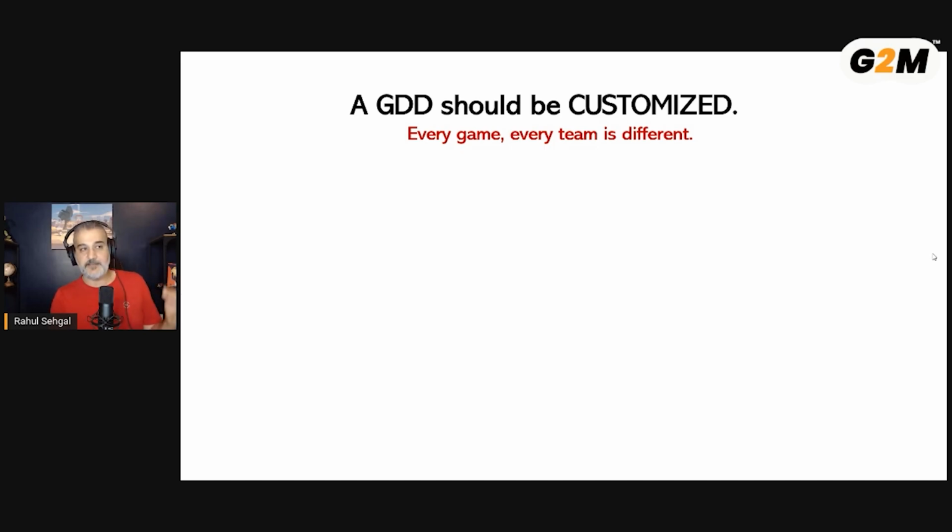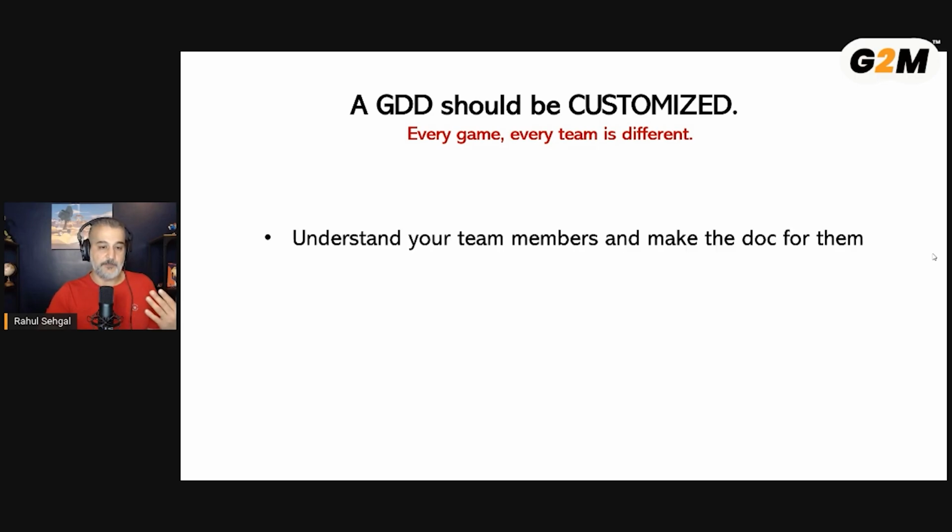They said, no templates, you have to make this from scratch, because if you have templates, it's possible you're going to miss stuff out. A game design document should be customized for every single game. If you want to be a world-class game designer, you should be able to create a game design document from scratch without any template. That's what it's really about.